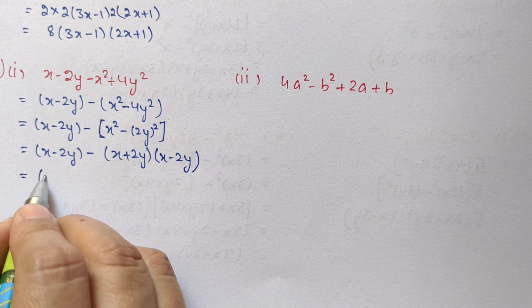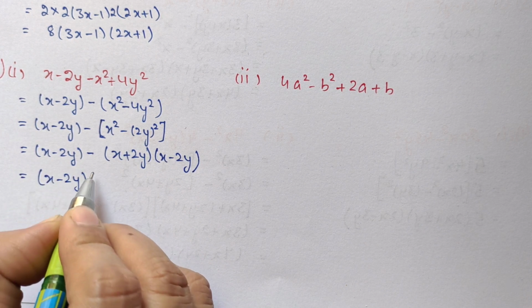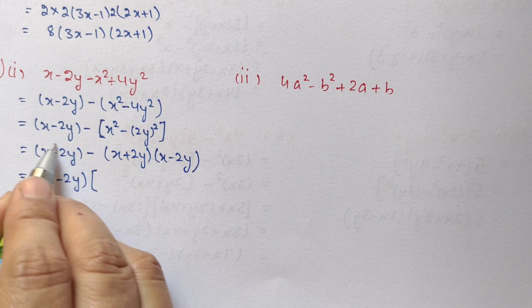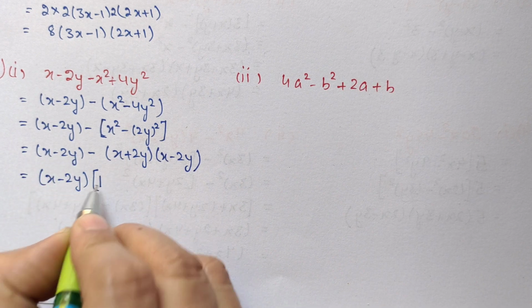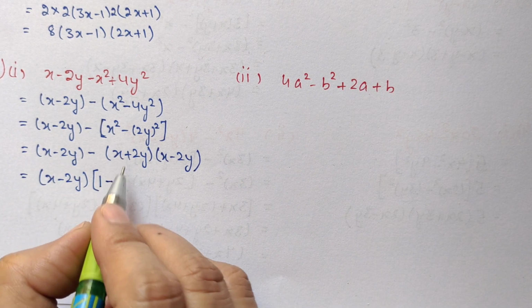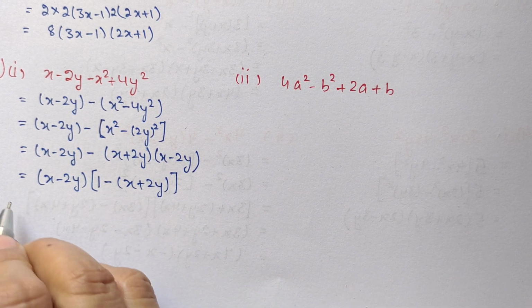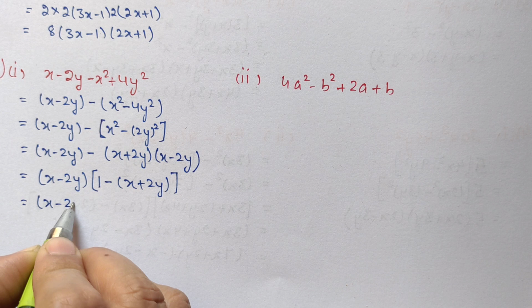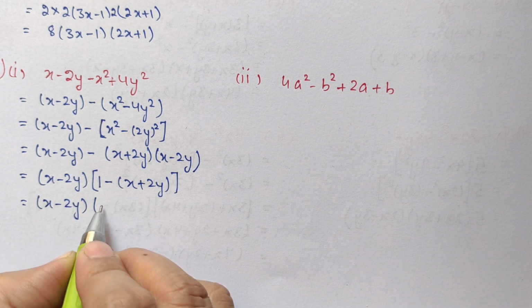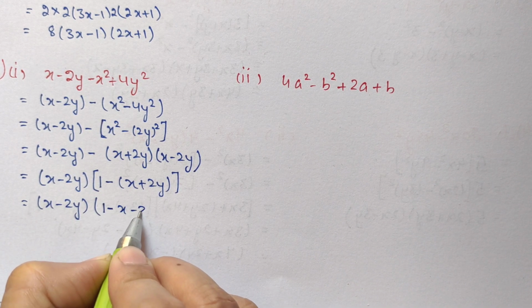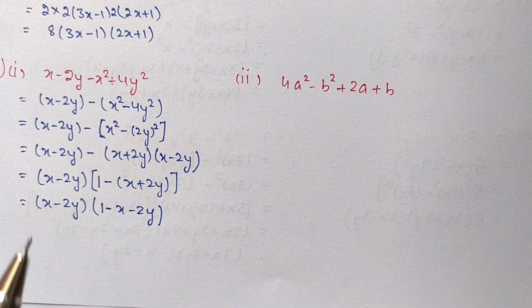We can take it out common, and from the first term we have taken everything, which means only 1 is left over. Minus from here (x + 2y). Remove this bracket also. So (x − 2y) is common here and the other bracket will be 1 − x − 2y. Change the symbol.